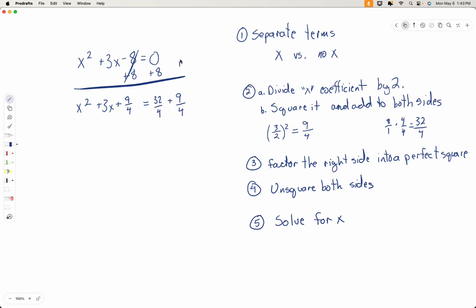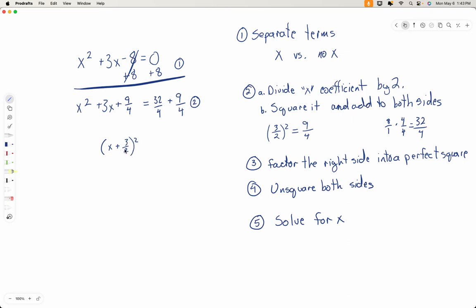So this was step 1. This is step 2. Now we're going to do step 3. We're going to factor the right side. And when I do that, I'm going to simplify the left. So I don't even have to think about how to factor this. I know what that number is because it was given to me already. So it's going to be x plus 3 over 2 squared.